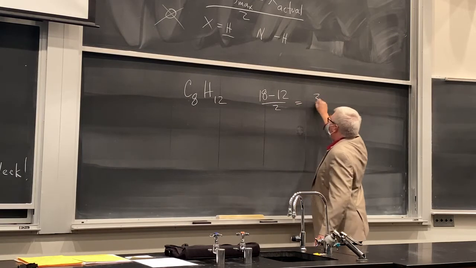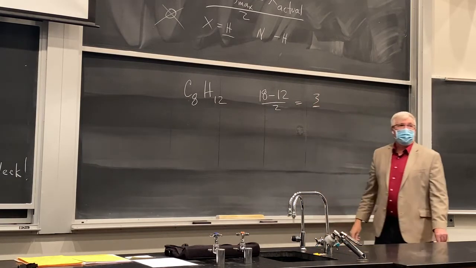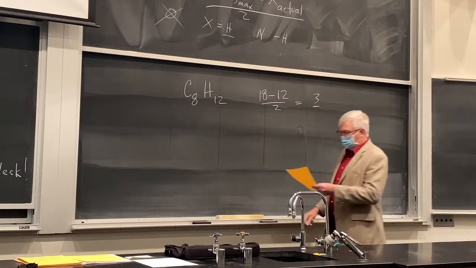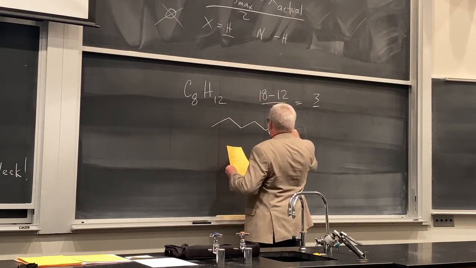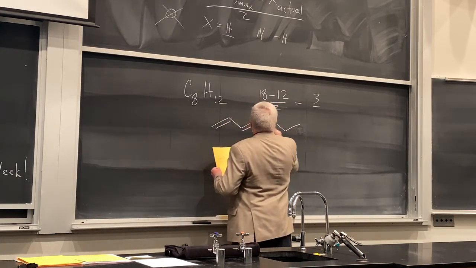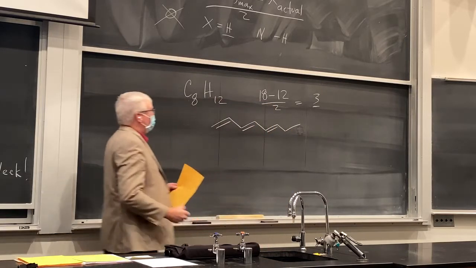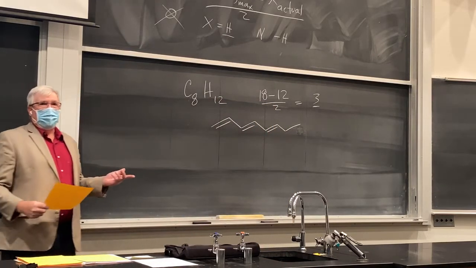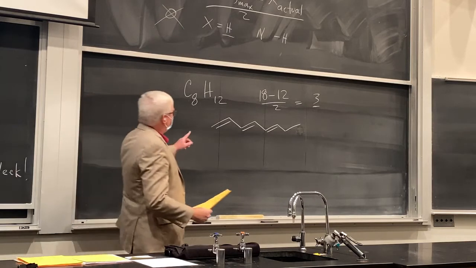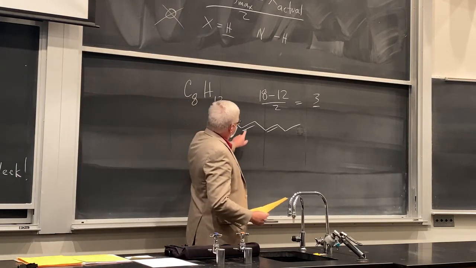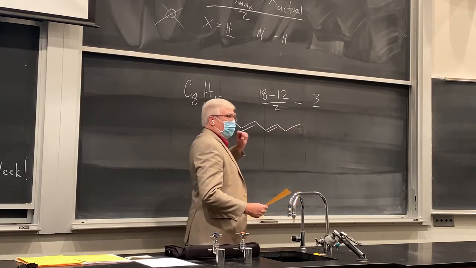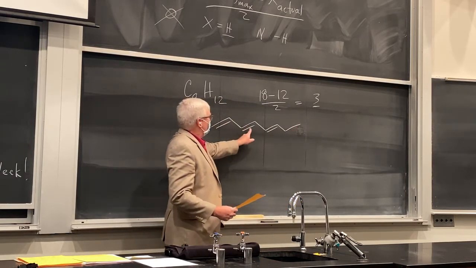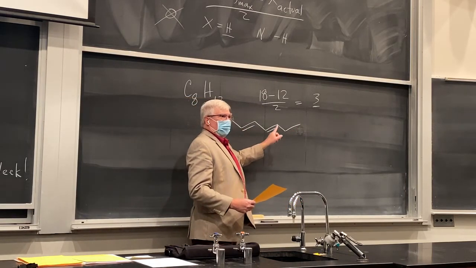How many do we have? 3, right? So 3 double bonds and or rings are present here. So let's see. How about this structure? Would this be a possibility? You don't need to count up all the hydrogens, but at first you should just to make sure. 1, 2, 3, 4, 5, 6, 7, 8, 9, 10, 11, 12. Yeah. And how many double bonds? 1, 2, 3. Okay. So it works there.